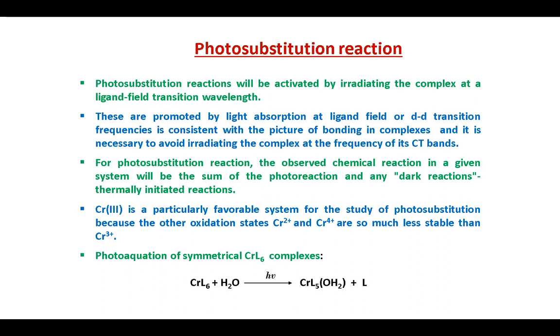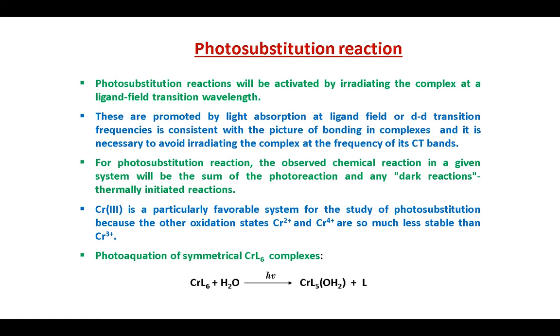Chromium 3 is a particularly favorable system for the study of photosubstitution, because the other oxidation states, like Cr2+ and Cr4+, are so much less stable than Cr3+.